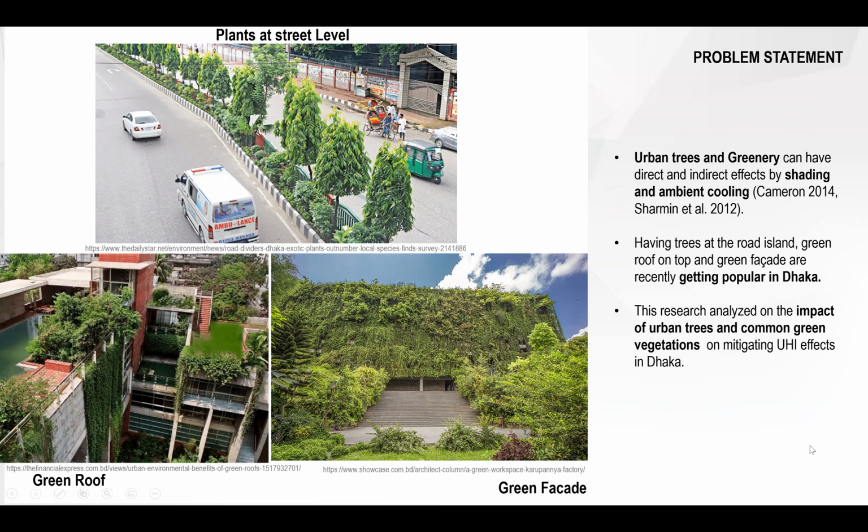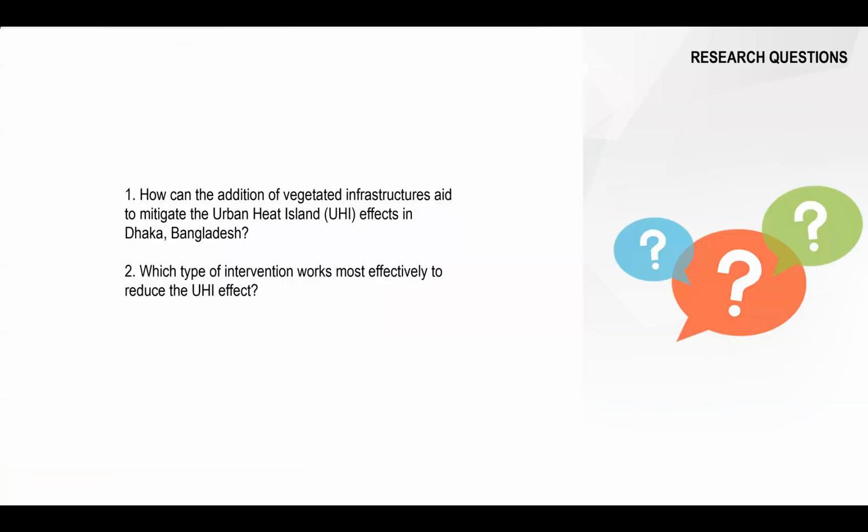So this research analyzed the impact of urban trees and common green vegetation on mitigating the urban heat island effect in Dhaka. The research questions are: how can the addition of vegetated infrastructure aid in mitigating the urban heat island effect in Dhaka, Bangladesh? And which type of intervention works most effectively to reduce it?